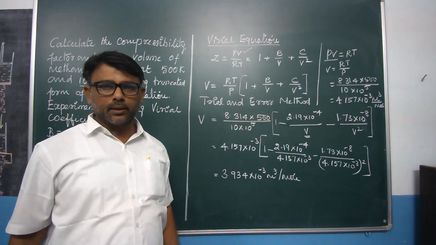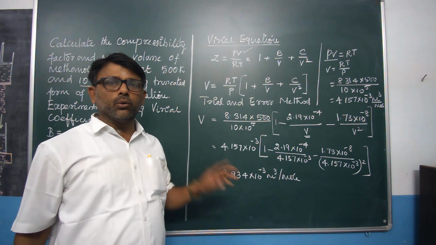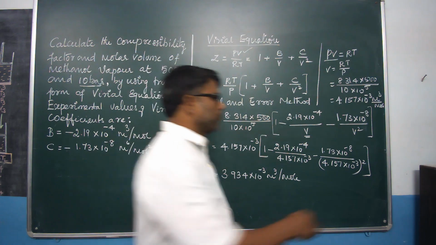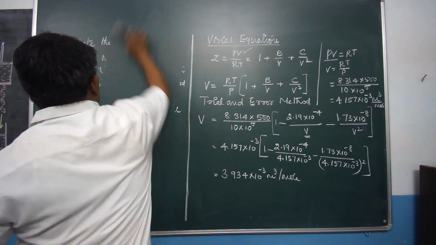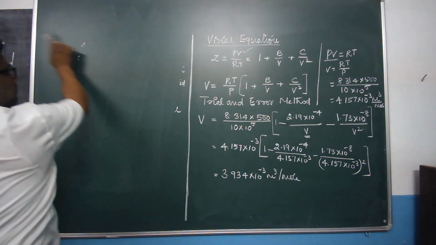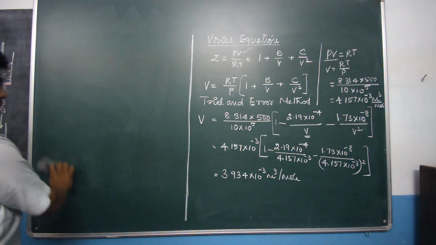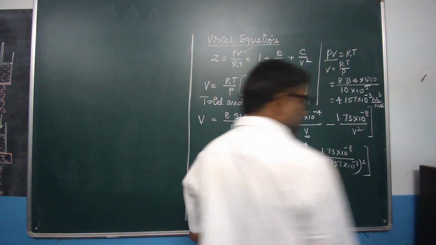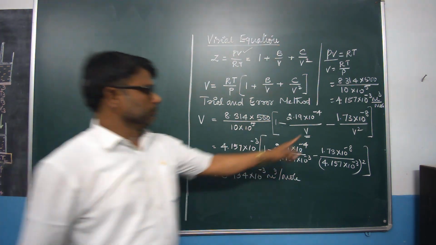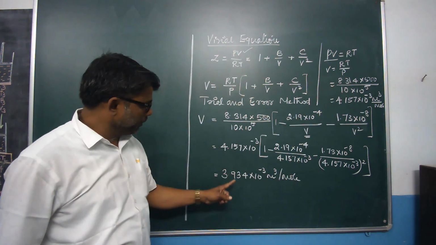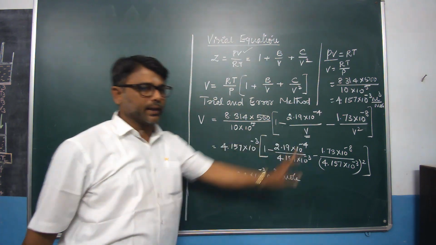So both are not the same. In such a situation, you have to go for one more trial. In the next trial, I am going to use this value instead of this value and substitute it here.